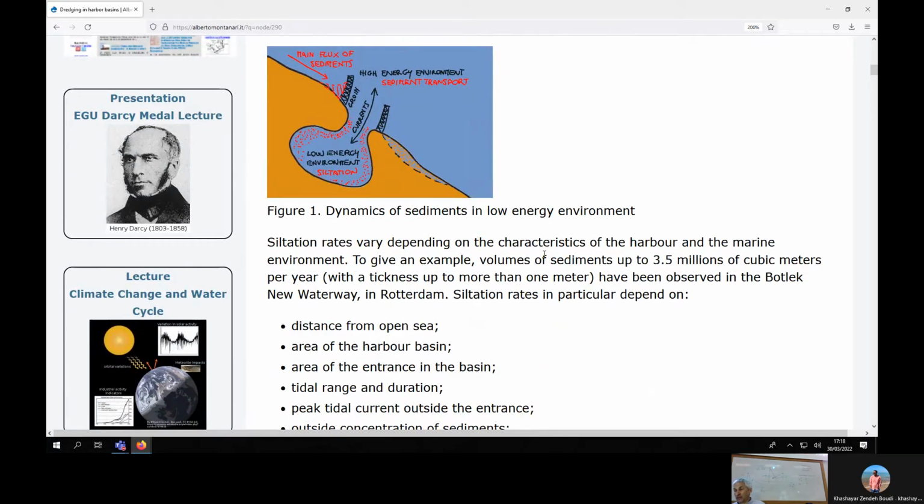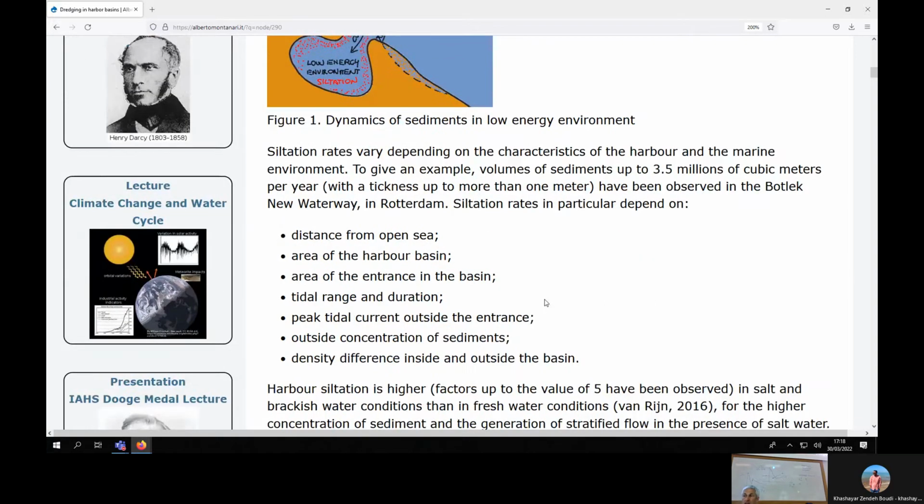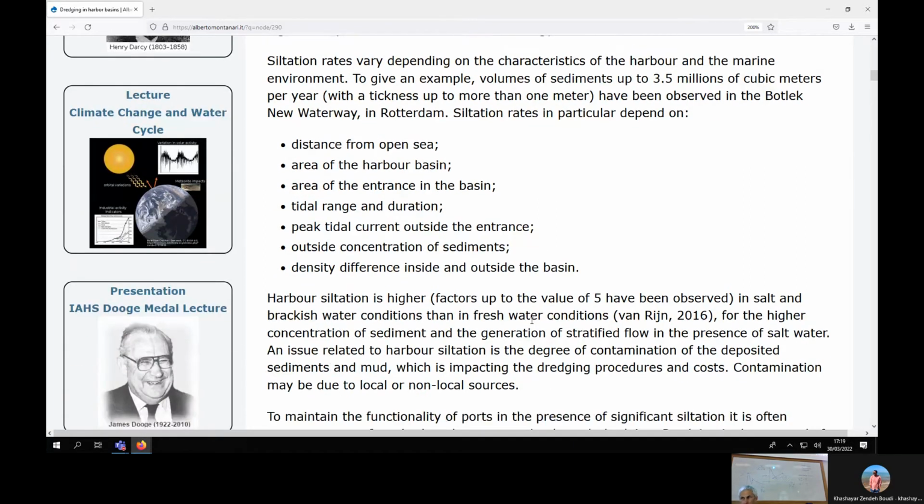And what are the factors that are influencing the siltation rate? There are several factors that you can easily imagine, and they are listed here. Just keep in mind that this could be a question at the exam. So what are the factors affecting the siltation in a harbor basin?